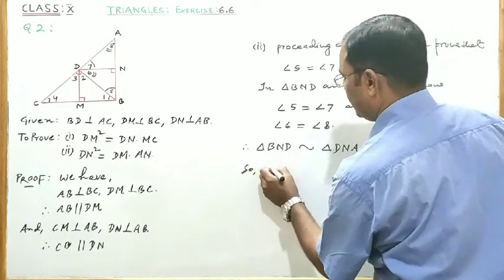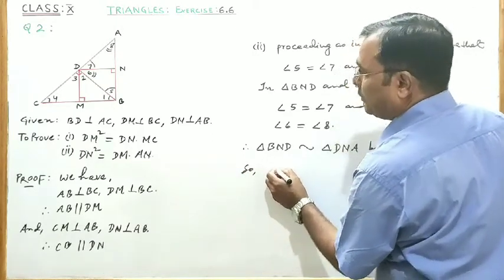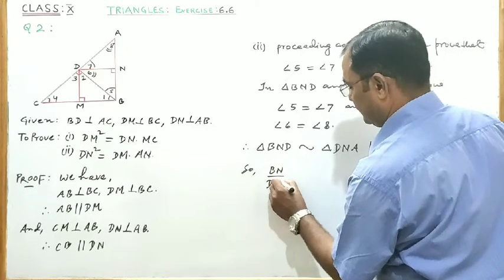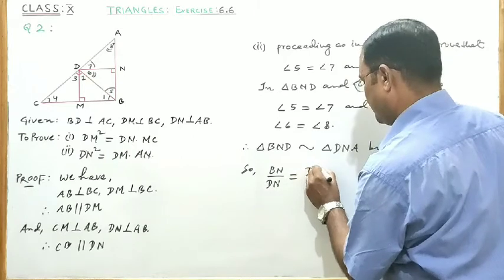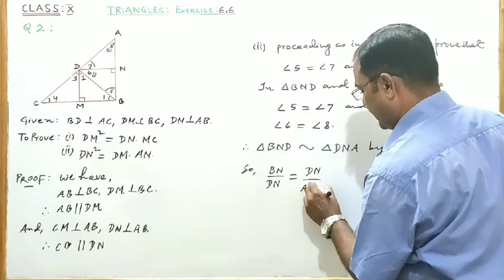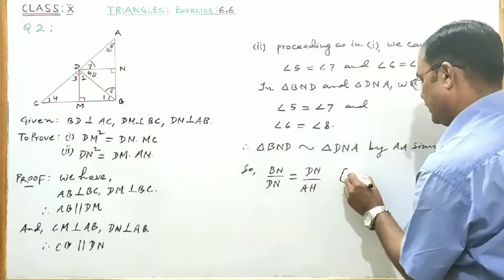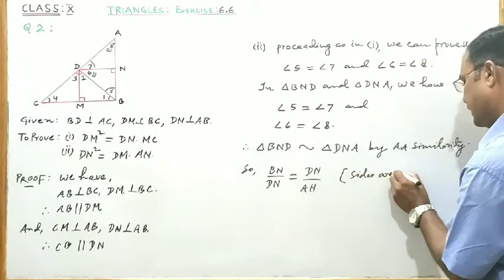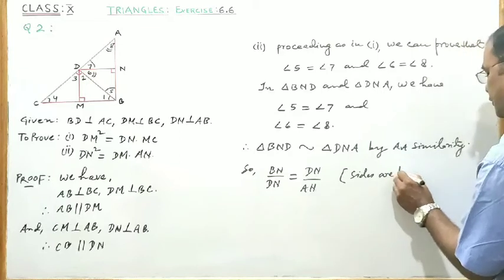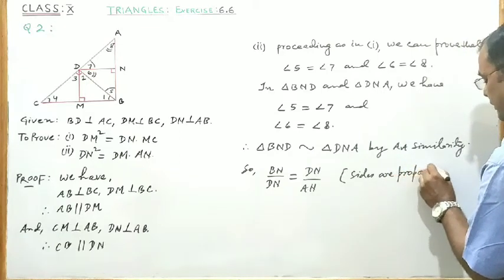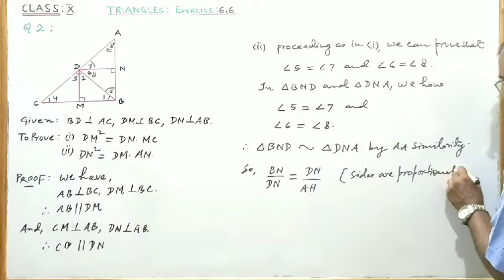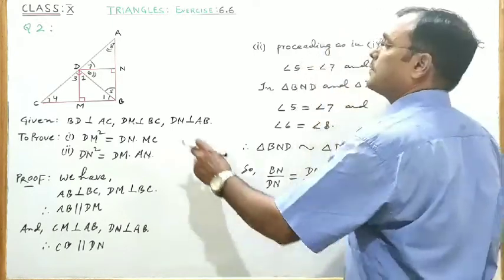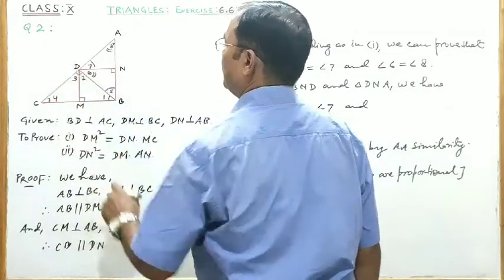So BN by DN is equal to DN by AN. Sides of similar triangles are proportional. This implies BN is equal to DM.